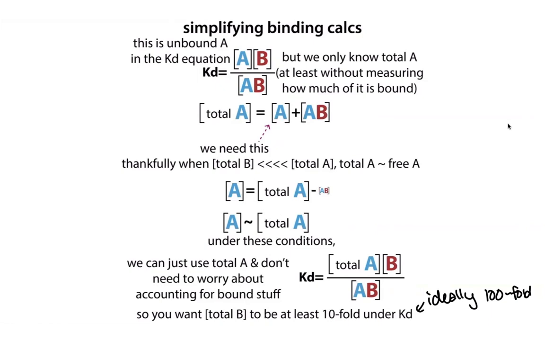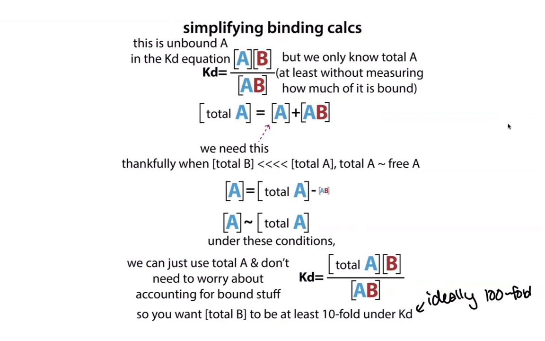There's a slight technicality: I said we wanted a low concentration of one of the partners. This is so that we can make a simplification. Remember that in our KD equation, we're talking about the concentration of free A times the concentration of free B over the concentration of A times B. What we're going to be measuring is the proportion of B that's bound. We're going to know how much A we put in, but we don't want to have to directly measure how much of the A is bound and how much is unbound.